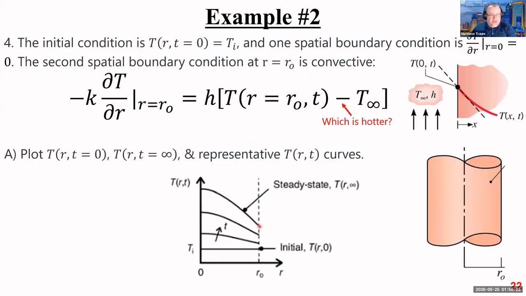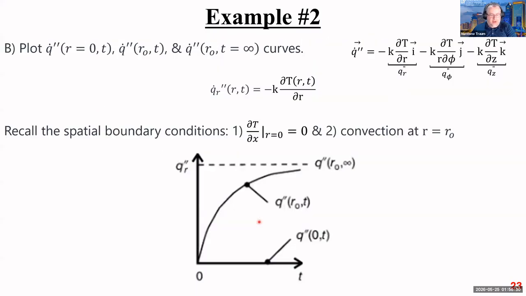And so the temperature at the wall is now a constant fixed value, and the heat flux off of the wall is going to be a constant fixed value. And this curve is growing towards that asymptotic value at time equals infinity.